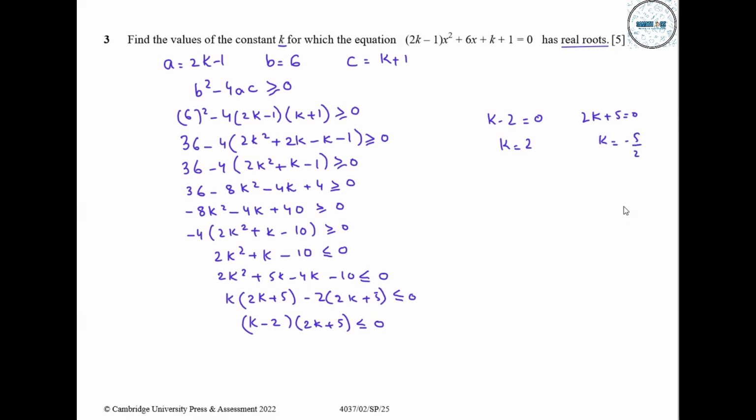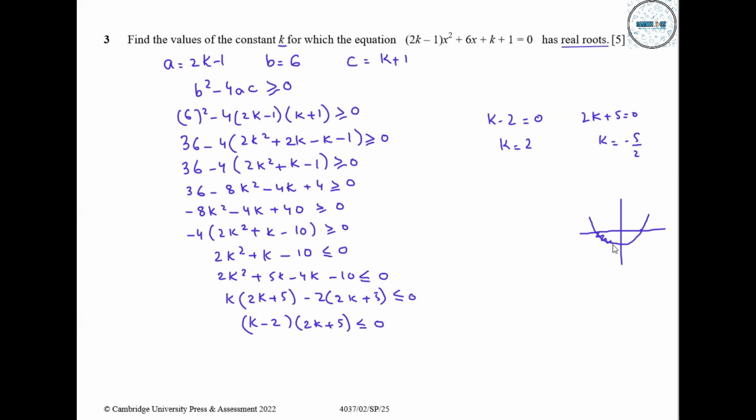If we sketch the curve for this as it is quadratic, we have one of the points here at 2 and another one here at minus 2.5, and if we see this one, the coefficient of k square is positive, so the graph is to be like this, and we have to consider the lesser part of the curve.